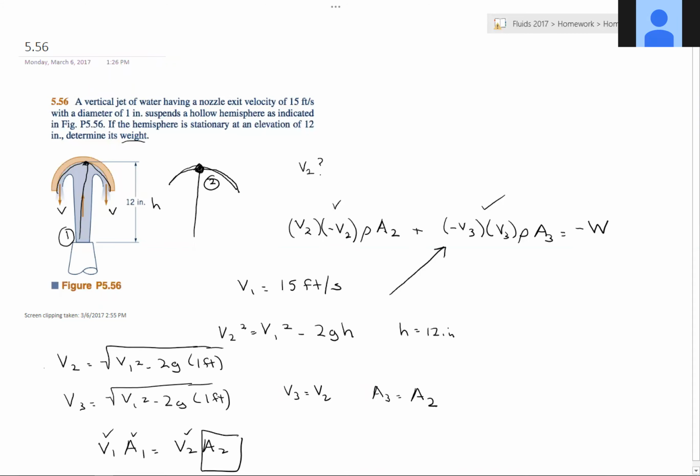Or the way you look at it is that they're the same height, therefore V2 has to equal V3. Is that perfect? No, probably that H is a little bit off, but not enough that we can't calculate it this way.